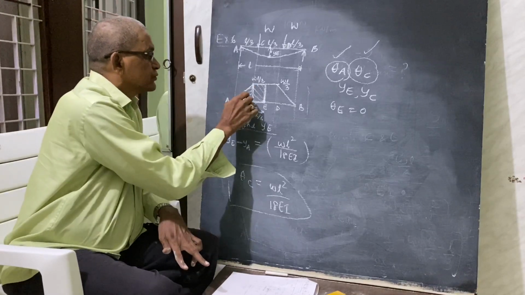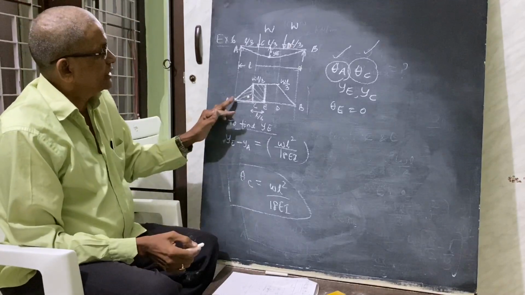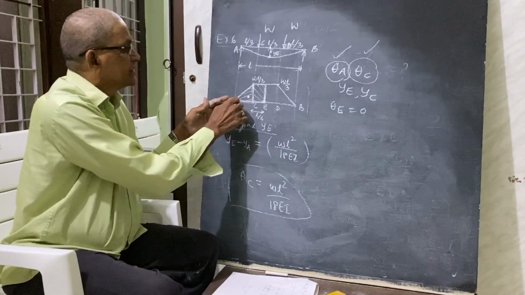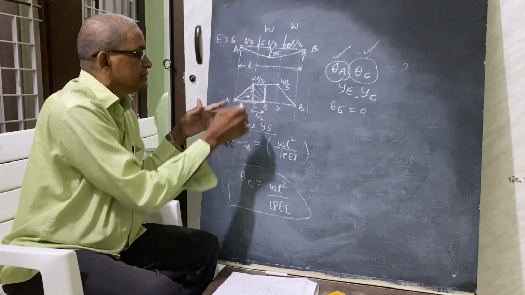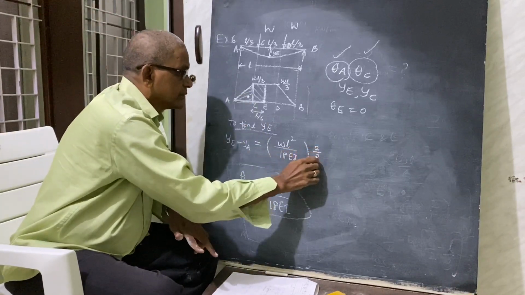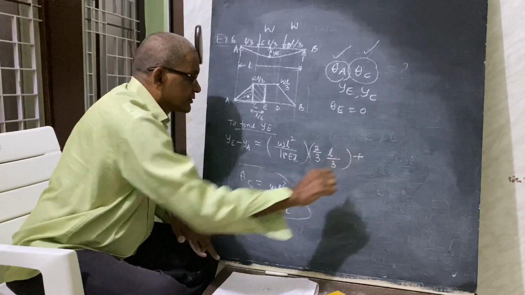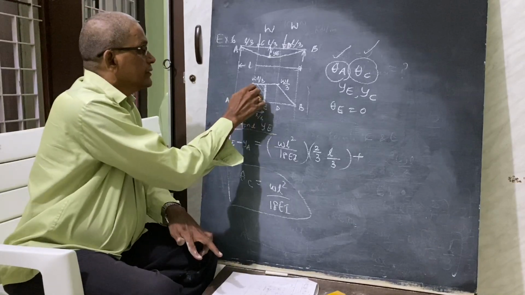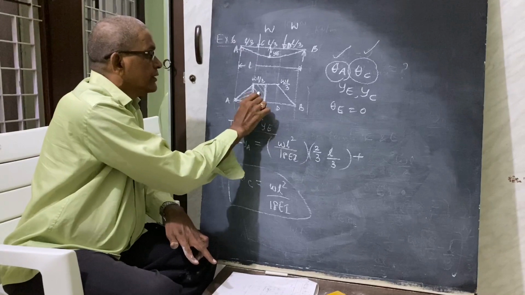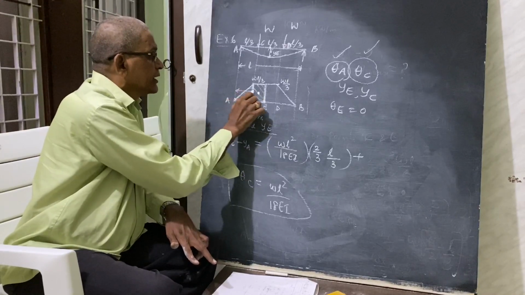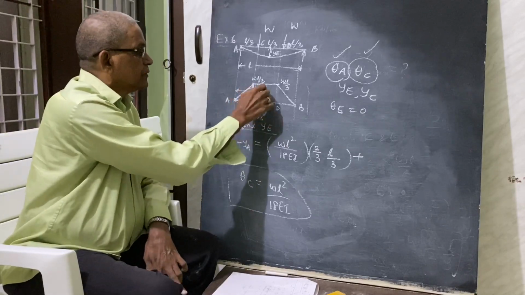And centroid of this one, where is it? Here. What is the distance of that one from here? It is nothing but 2/3 of, this is L by 3. This is how much? 2/3 of L by 3, plus then the moment of the area of this diagram about this point. Where is the center of this one? Here. What is the distance from here to here? So first, the area of this diagram already found out.